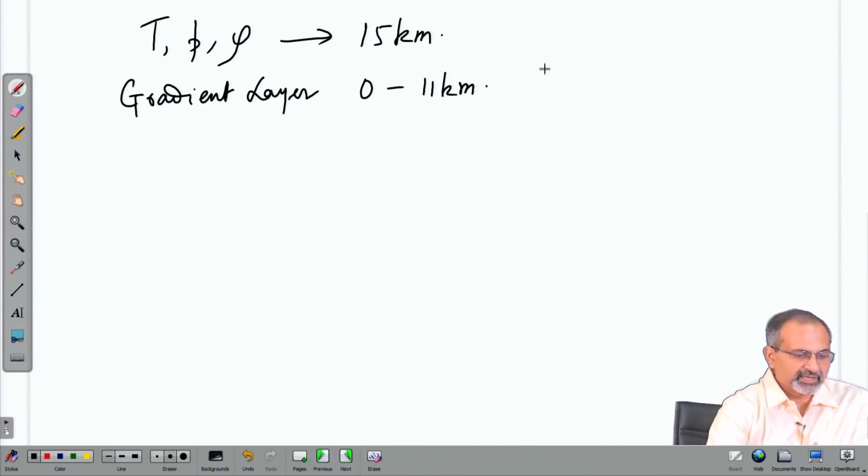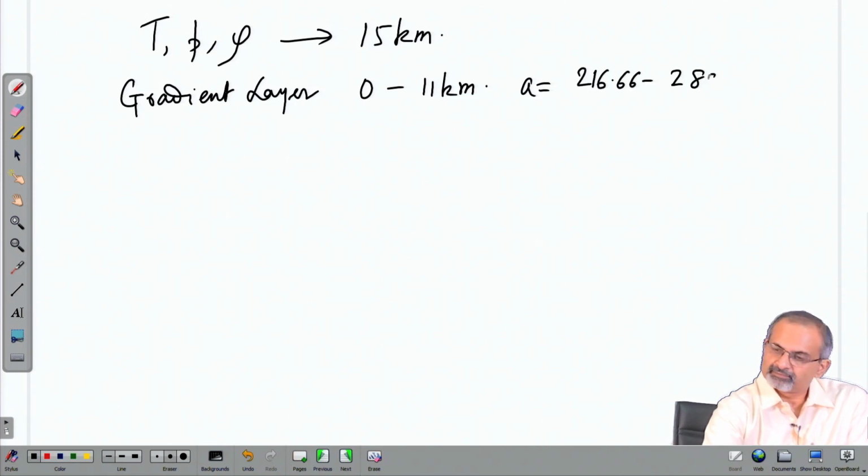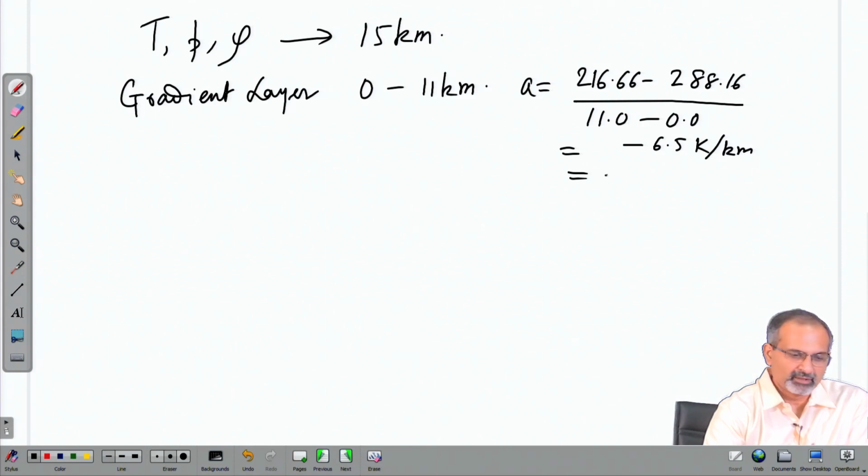Based on the temperature variation, you work out the lapse rate. That will give you minus 6.5 Kelvin per kilometer or minus 0.0065 Kelvin per meter.